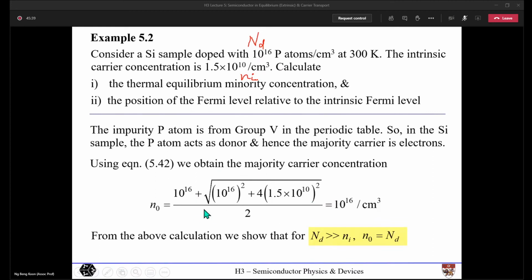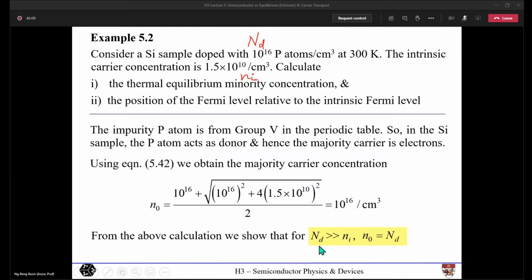But even if you use it, it's fine. You're still going to get just the ND value, 10 to the power 16, because your Ni is so small. It's a million times smaller, so it doesn't make any difference, even if you add it.